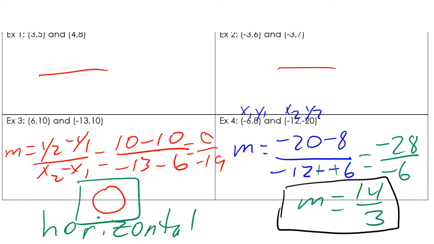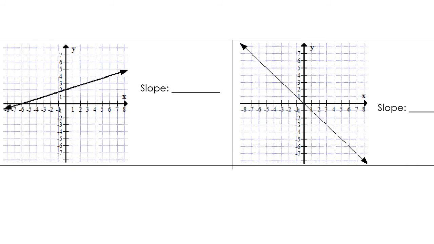And now you'll see why we like fractions so much. Okay, what if we have a line and we have to figure out the slope from the line? Well, I mark 2 points on the line, any 2 points, doesn't matter which 2. In fact, there's another one over there.